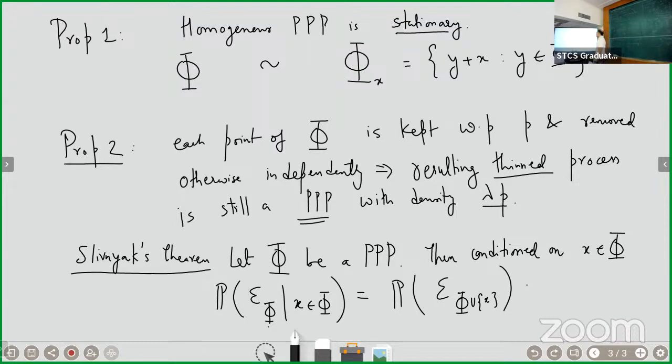What has happened is this is the event I want to look at, and the phi, given that X belongs to phi, is equivalent to essentially looking at a new process which has phi union X.